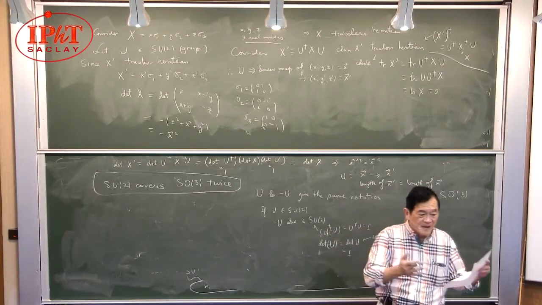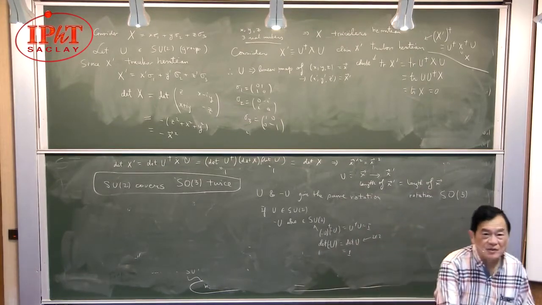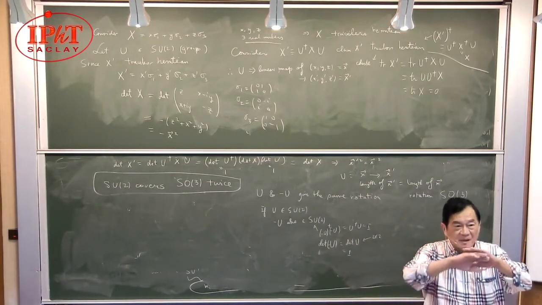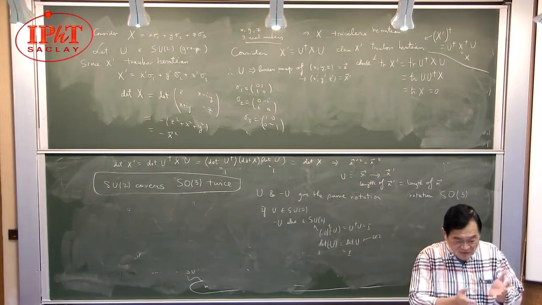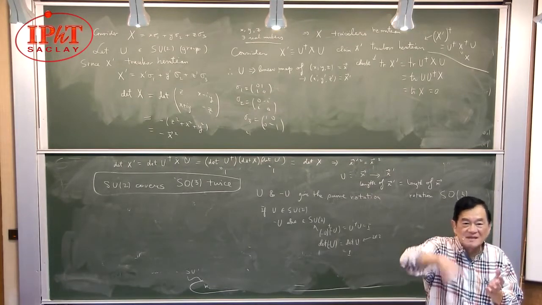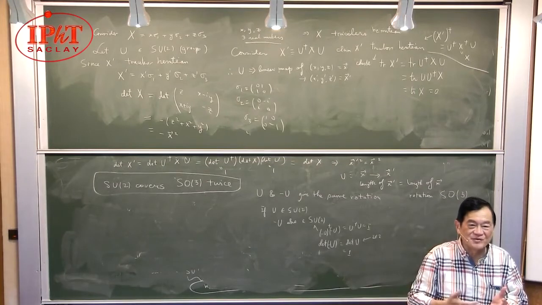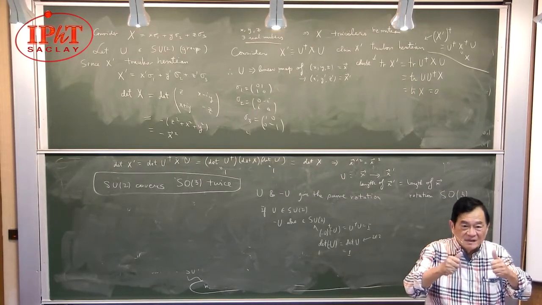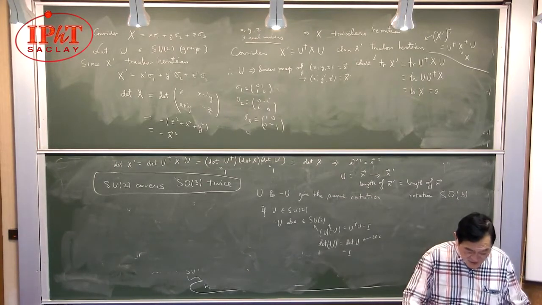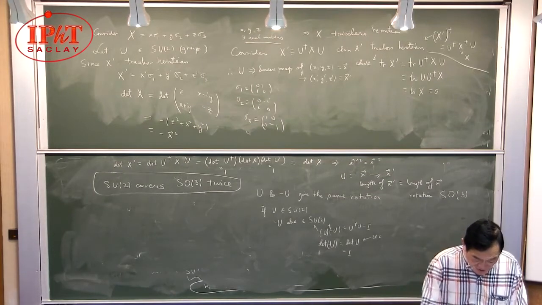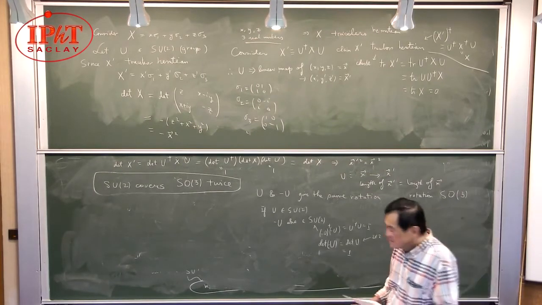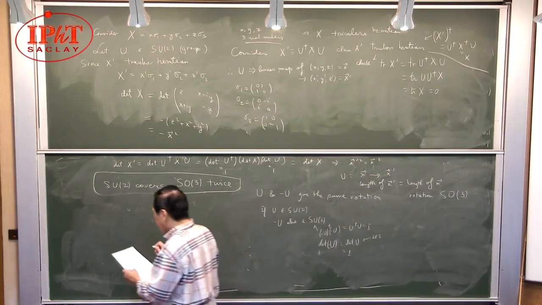So the group SU2, you should try to picture it. For students seeing this for the first time, you should imagine the group SU2 covering SO3 twice. It sort of wraps around SO3. And two different elements in SU2 give the same rotation. Okay? So this is called a double covering.